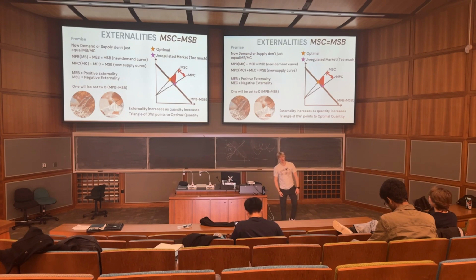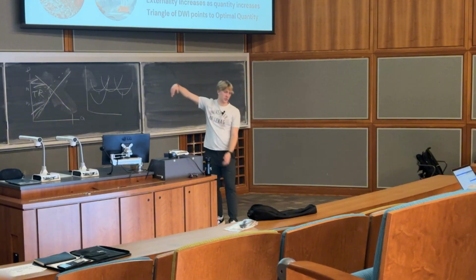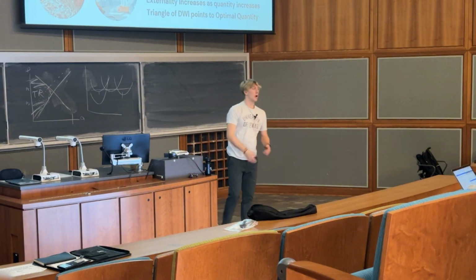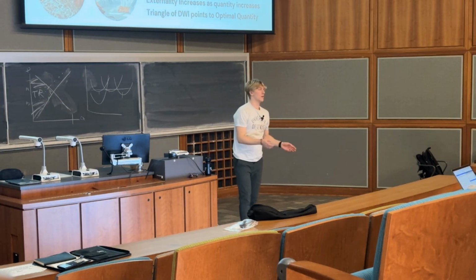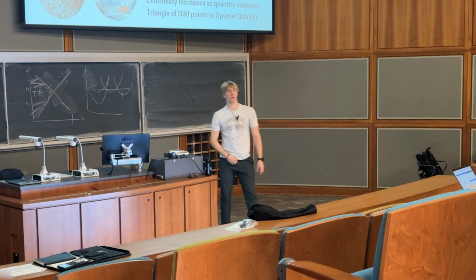Basically, all it means is that now we're considering other implications like pollution or education, and we're going to want to produce where our marginal social benefit equals our marginal social cost. In the questions, one of these will be set to 0, which is really helpful for the most part.